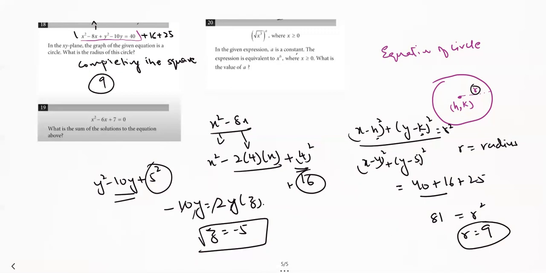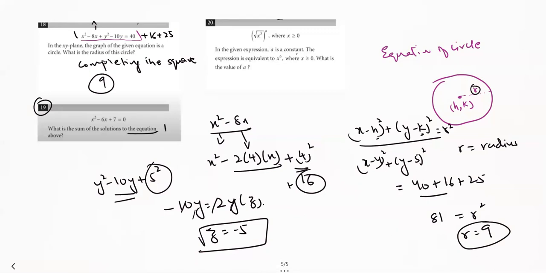Now is this question clear? Yes. Okay. Now coming to question number 19. For question number 19, they are asking what is the sum of the solutions to the equation above.